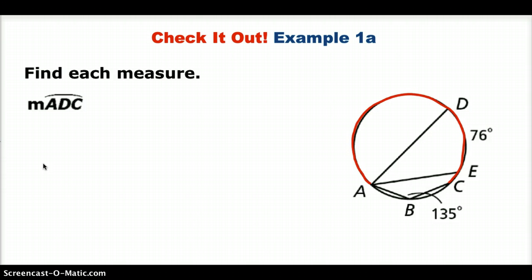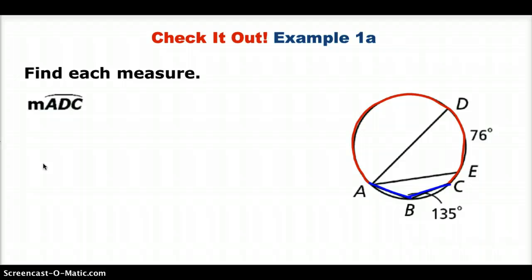Now let's look at what information might help us here. That arc is subtending what inscribed angle? Well, it looks like it's subtending this angle right here. The 76 degrees, I don't think that's going to help us out, but the measure of the inscribed angle actually will.